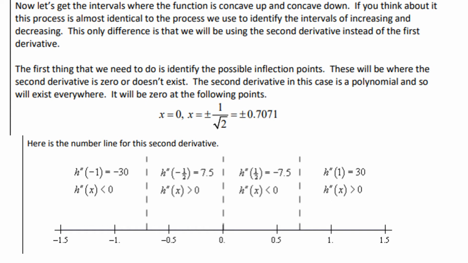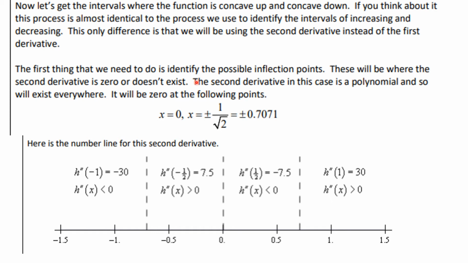Now, we do need to get the intervals where the function is concave up and concave down. If you think about it, this process is almost identical to the process we use to identify increasing and decreasing. The only difference is we're using the second derivative instead of the first. So the first thing we have to do is identify the possible inflection points.